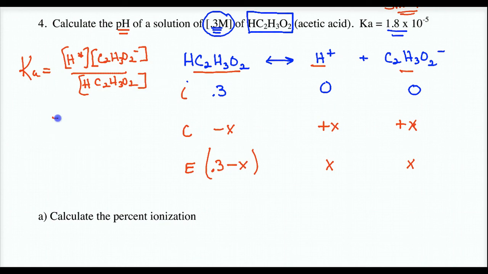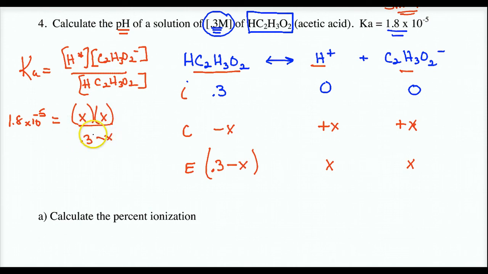So what are we going to do here? Well, we're going to plug these values in and solve for x. And I can do that because I know the Ka is 1.8 times 10 to the negative 5. Well, these are both x's. So x, x, over 0.3 minus x.